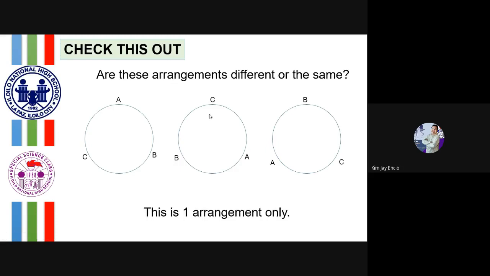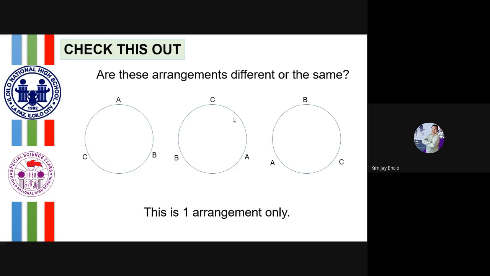These arrangements are just the same. In fact, if you think that these are 3 arrangements, no. This is just one arrangement in the circle. Because it is just a result of rotation.